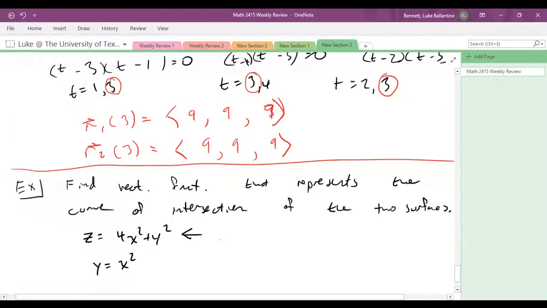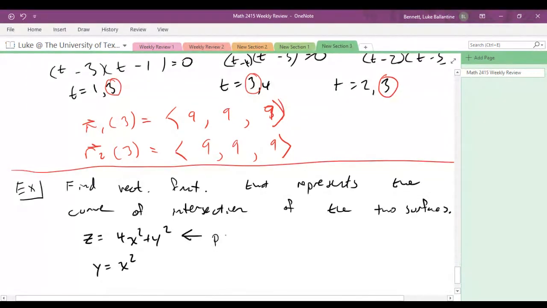What type of surface is this, the z equals 4x squared plus y squared? It's a paraboloid.